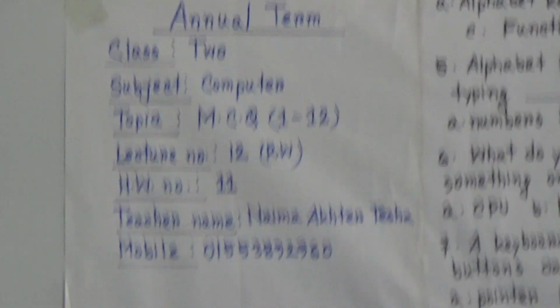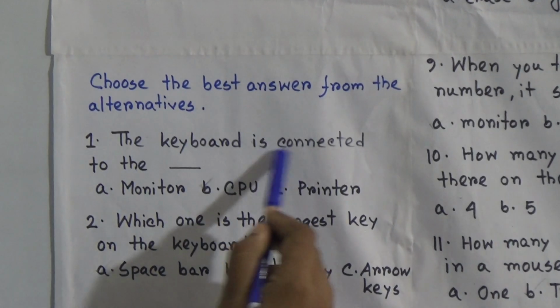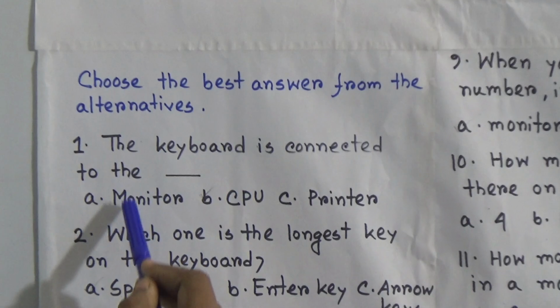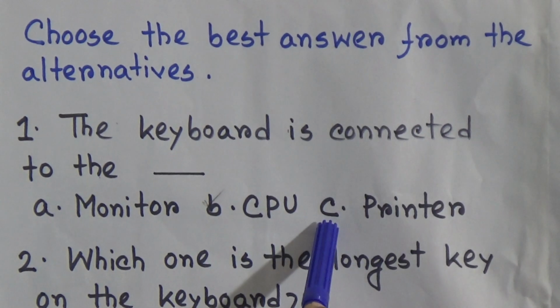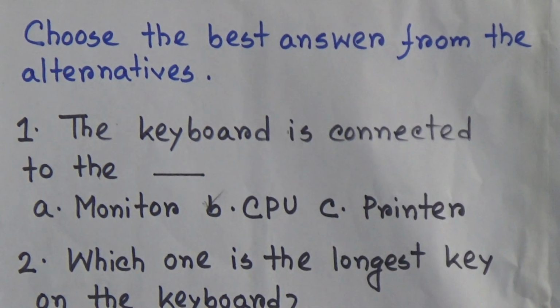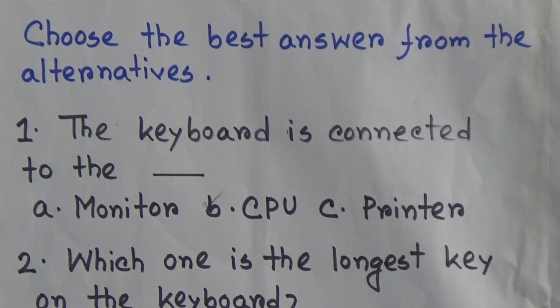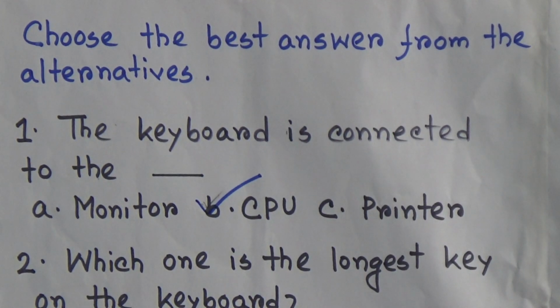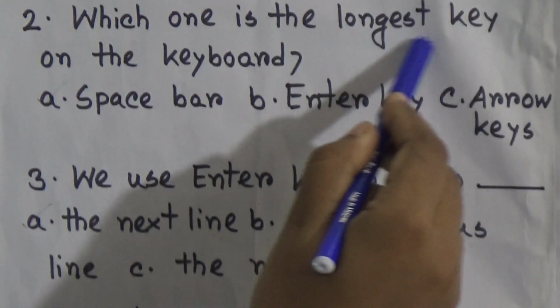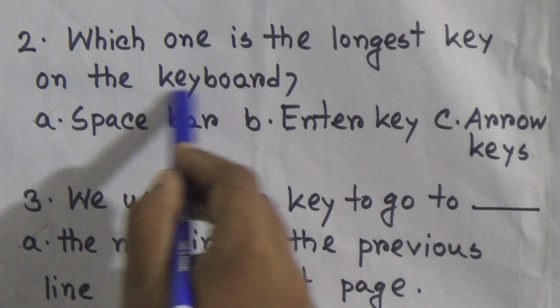Number 1. The keyboard is connected to the A. Monitor, B. CPU, C. Printer. Keyboard normally is connected with CPU. Number 2. Which one is the longest key on the keyboard?